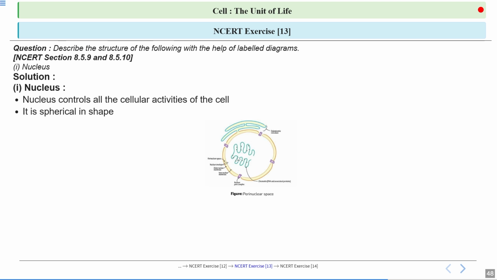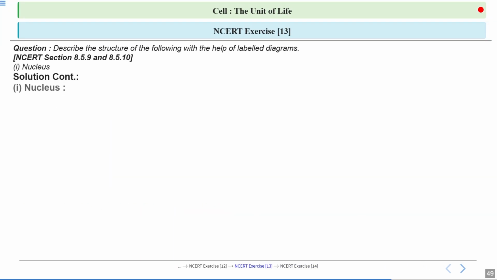Within the nucleus, the chromatin is present, which is DNA in condensed form. Then this is the endoplasmic reticulum, which is associated with the nucleus. So the genetic material is present within the nucleus.